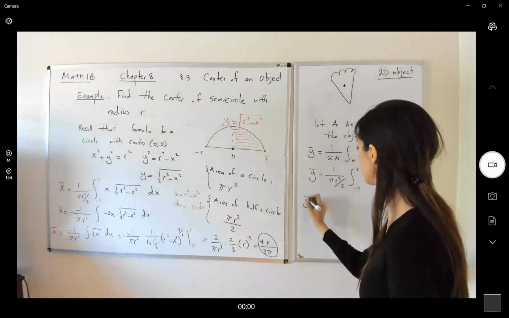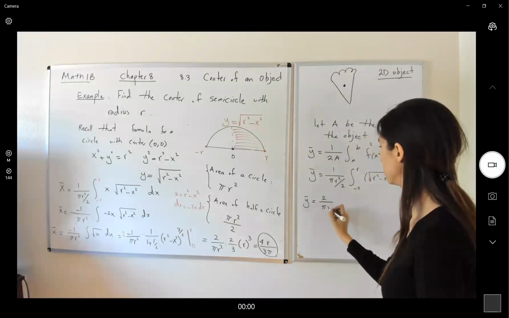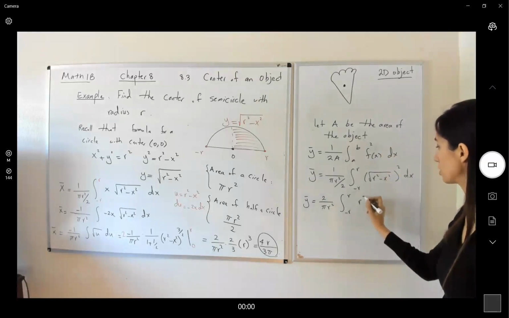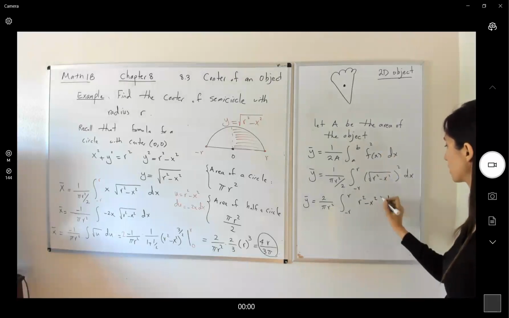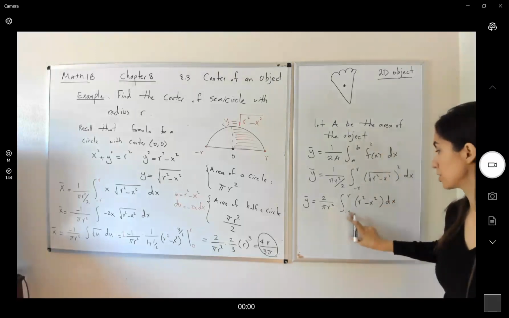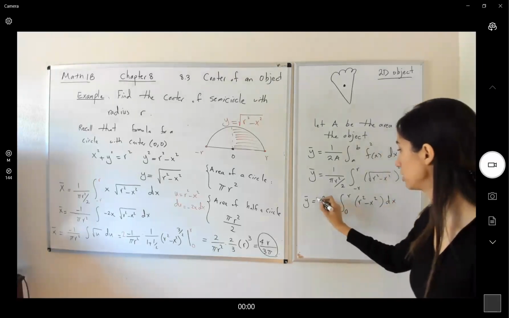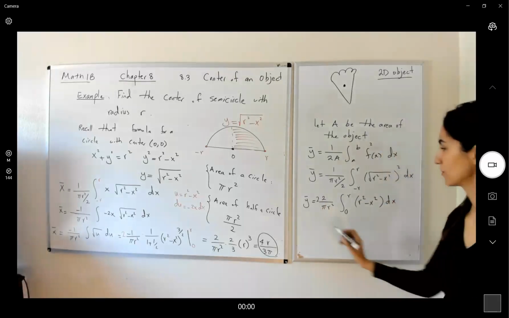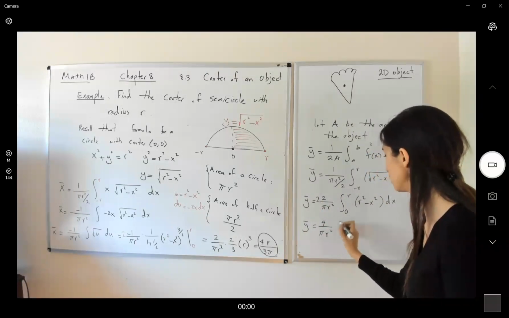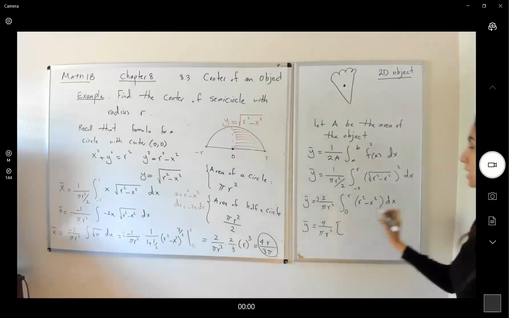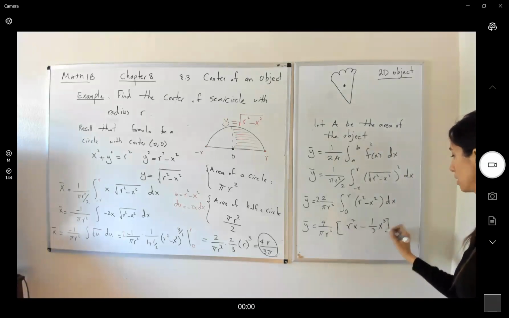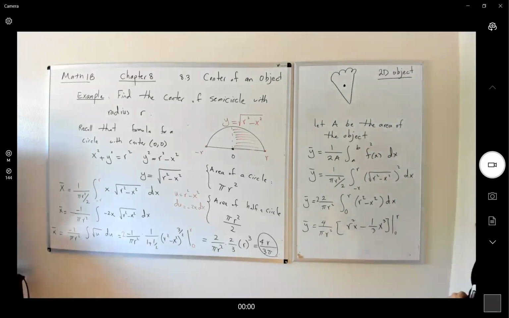You get y bar equals 2 over pi r squared times the integral from negative r to r of r squared minus x squared dx. I'm going to do the same thing. I'm going to change the lower limit to 0 and multiply it by 2. So my y bar is equal to 4 divided by pi r squared. The integral of r squared with respect to x is r squared x minus a third x cubed, from 0 to r.